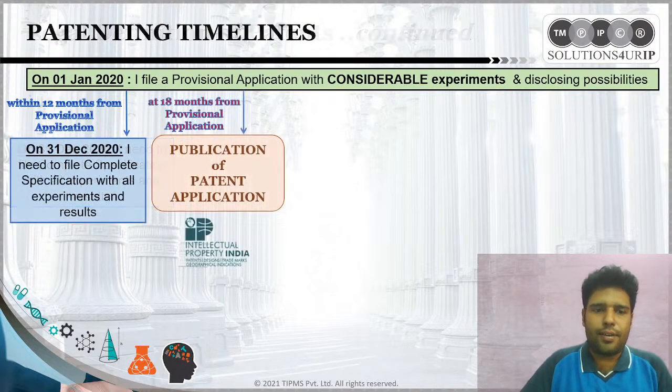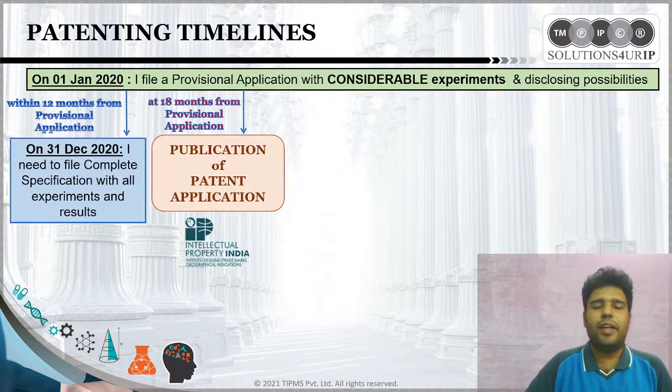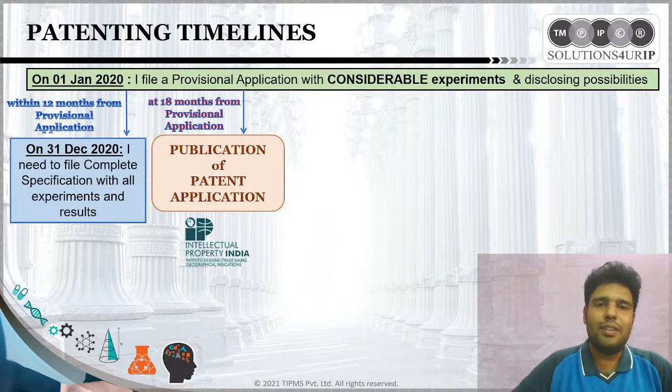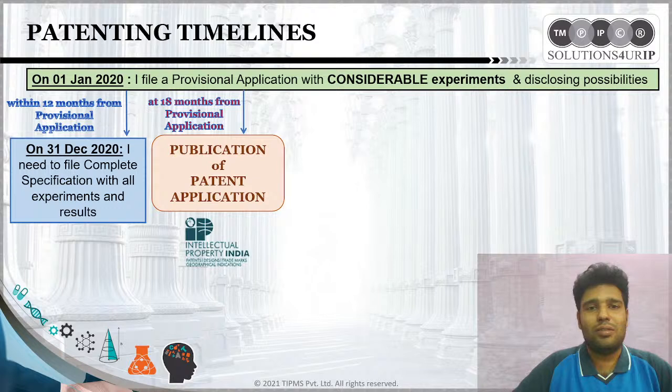So, complete specification is filed. What happens after filing the complete specification? As I said, if you file a patent application, even if you write a Bollywood song in your patent application, the patent office will not review it at all.